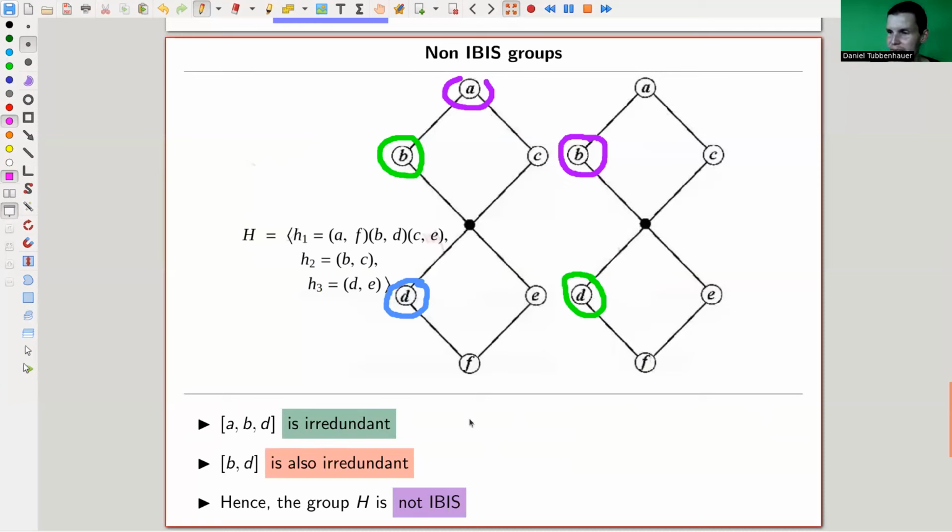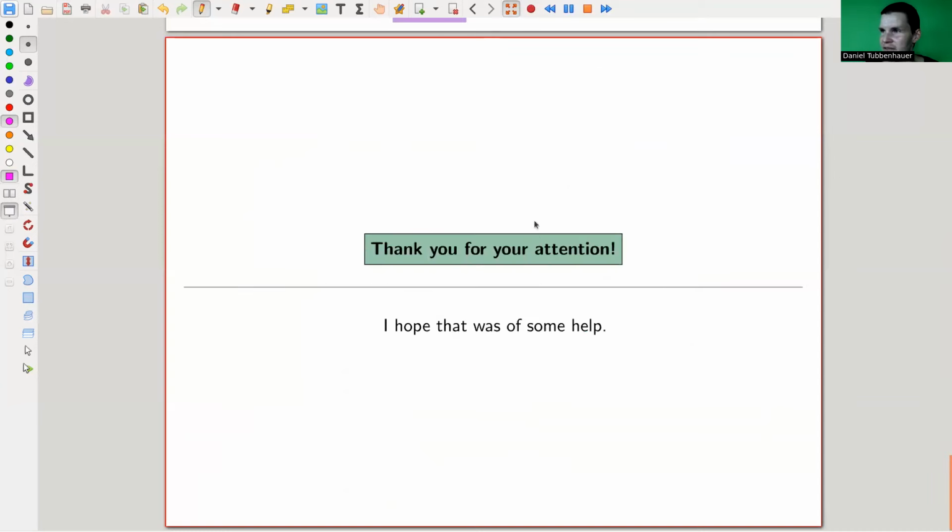So I have 2 irredundant bases of different size. So the corresponding symmetry group of this object is not of the IBIS form. So most groups are actually not of this form. And it's kind of a fun open question to classify them in a certain sense.